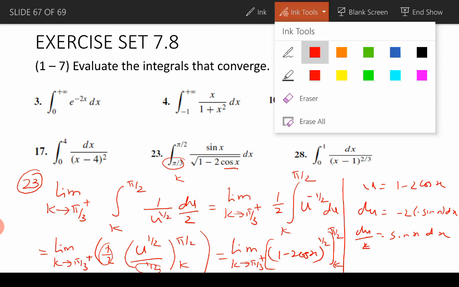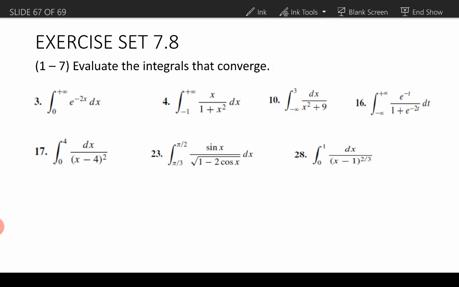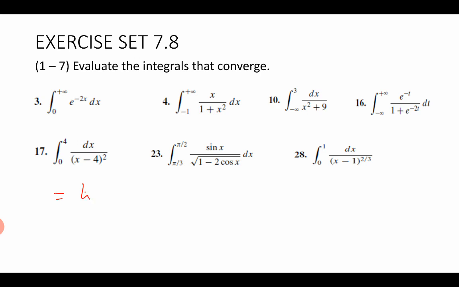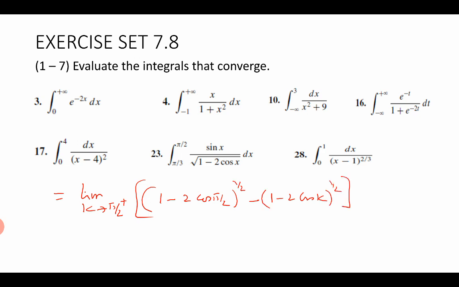So when we substitute, sin x dx will be du over 2, and this will be 1 over u and du over 2. So we integrate 1 over u to the power half, that is, under square root. So you will get here limit k approaches pi by 3 from the positive direction.